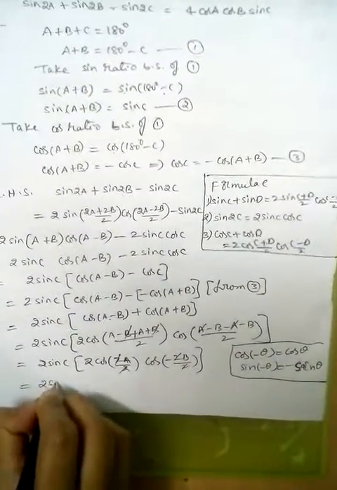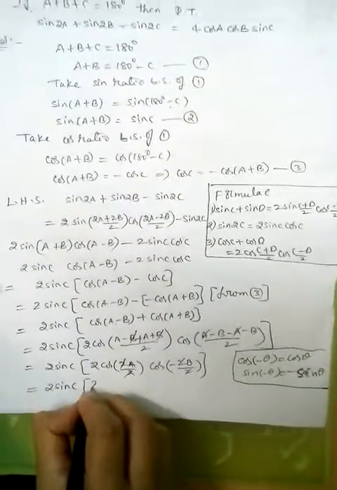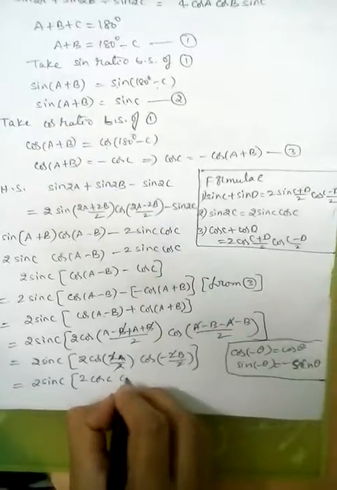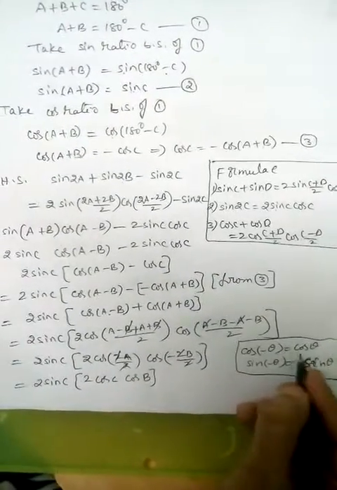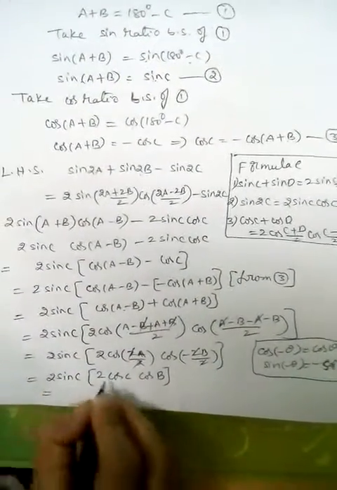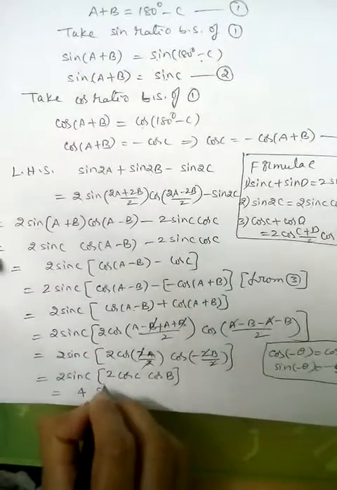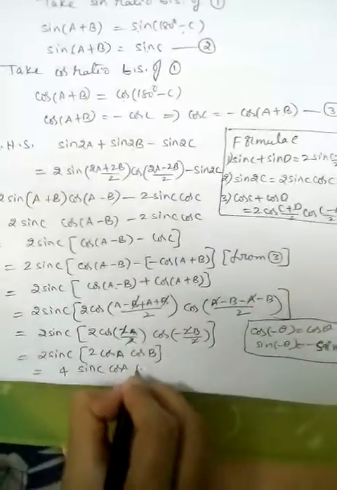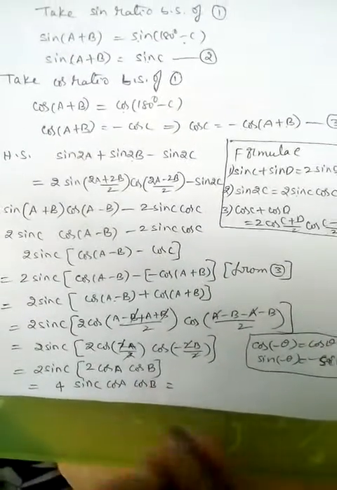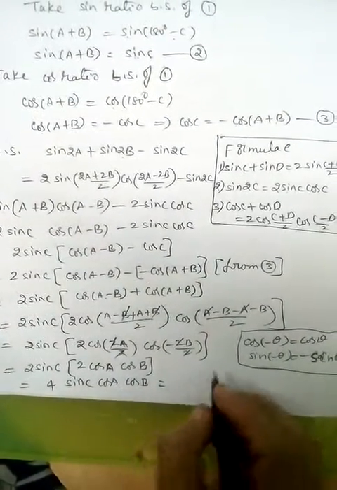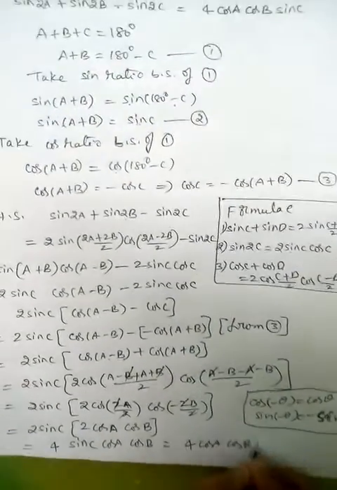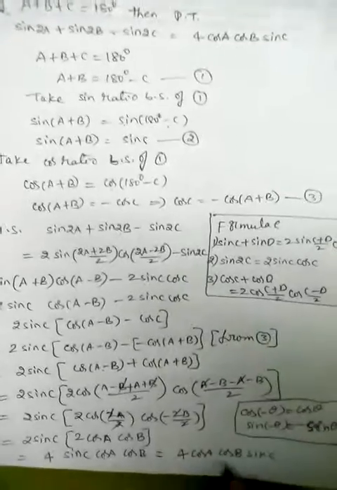Now 2 sin c, 2 cos a, and cos of minus b is cos b only according to this condition. So 2 2s are 4 sin c cos a cos b, which is equal to, we will write in alphabetical order. So 4 cos a cos b sin c is the solution.